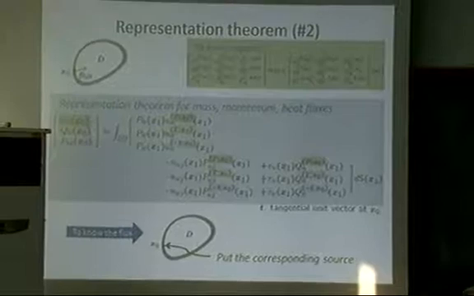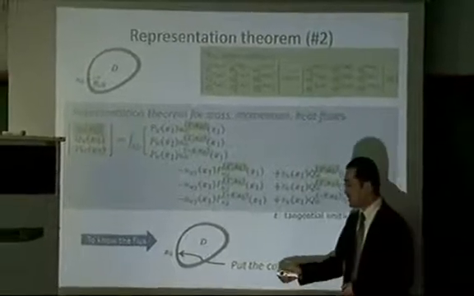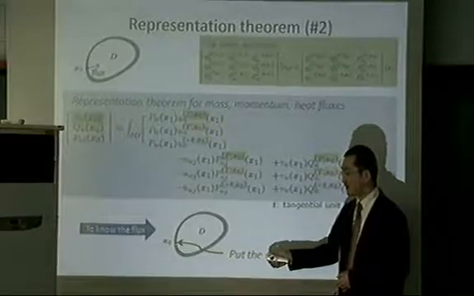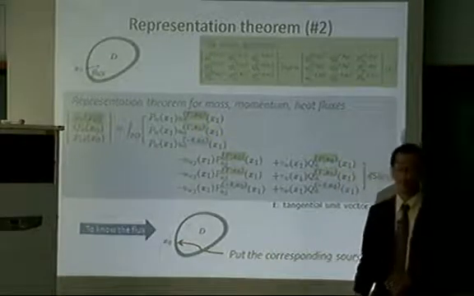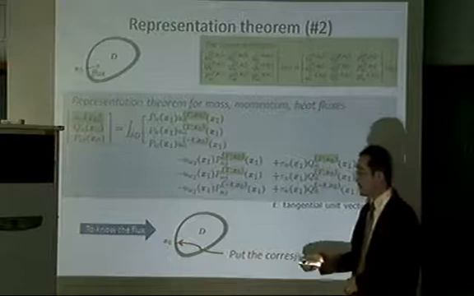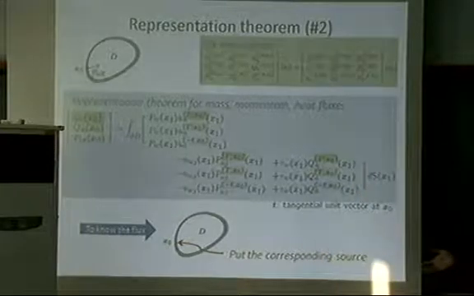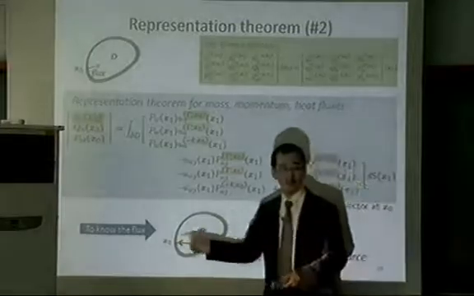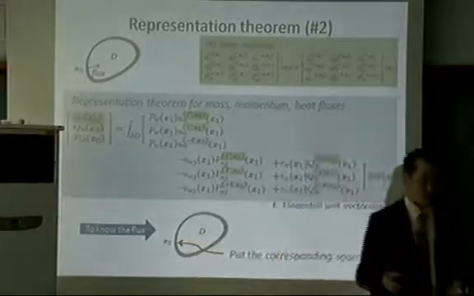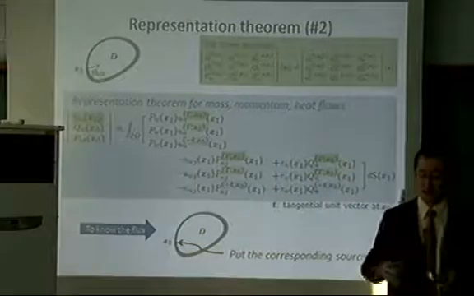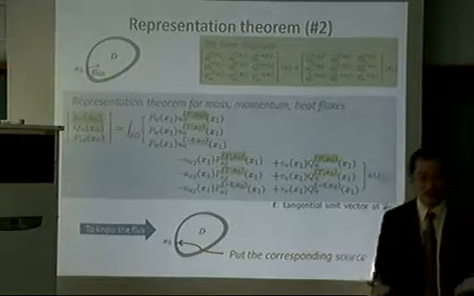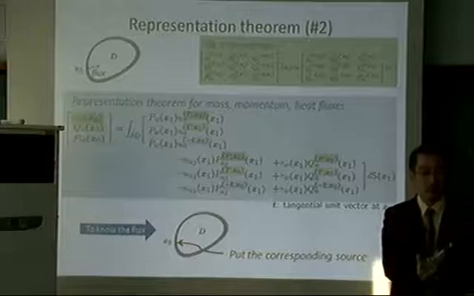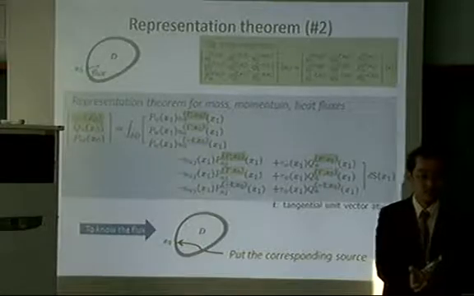Okay? Of course, this is still the point. To find the solution for a point source is difficult, but in many cases in engineering, of course, you are interested in some one point, but usually in most cases, people are interested in the total heat flow, the total heat that some body receives from the gas, for example.